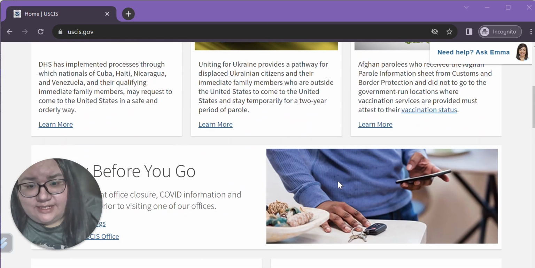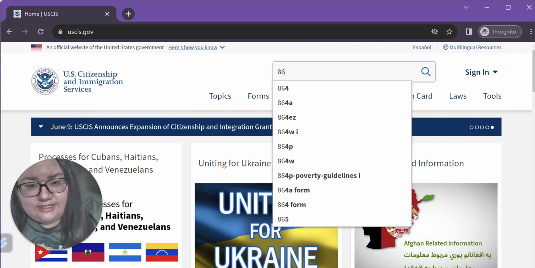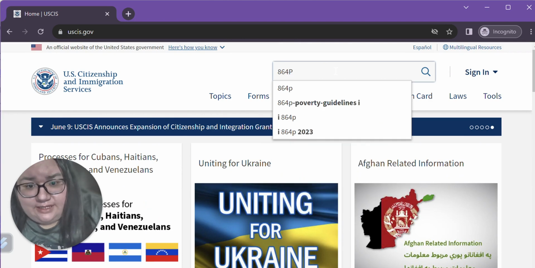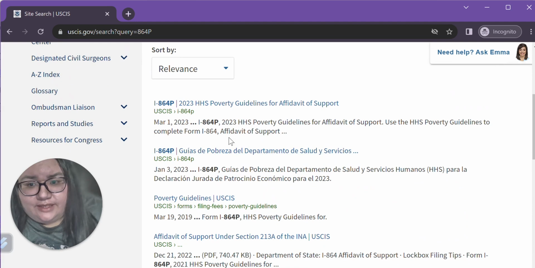And the very first thing that shows up here is 864P 2023 HHS Poverty Guidelines for Affidavit of Support. If you notice right underneath it, there's actually the same item, but in Spanish. So for my Spanish speakers, or for someone that needs to provide it to someone in Spanish, you can click on the second link.